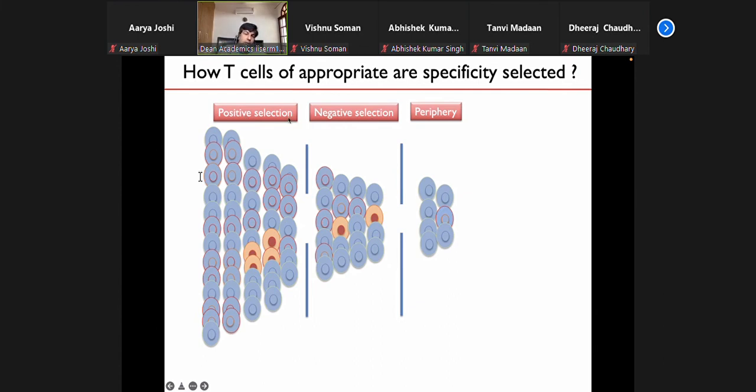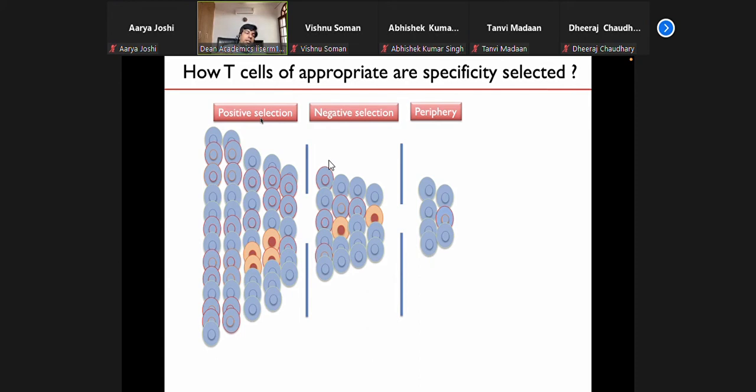Positive selection means, for example, if the rearranged TCR is not able to recognize anything, if it does not recognize any of the MHC molecules that your different immune cells or epithelial cells in the thymus present, if this MHC interaction is not happening through the TCR, outside the peptide binding groove, this process is called positive selection.